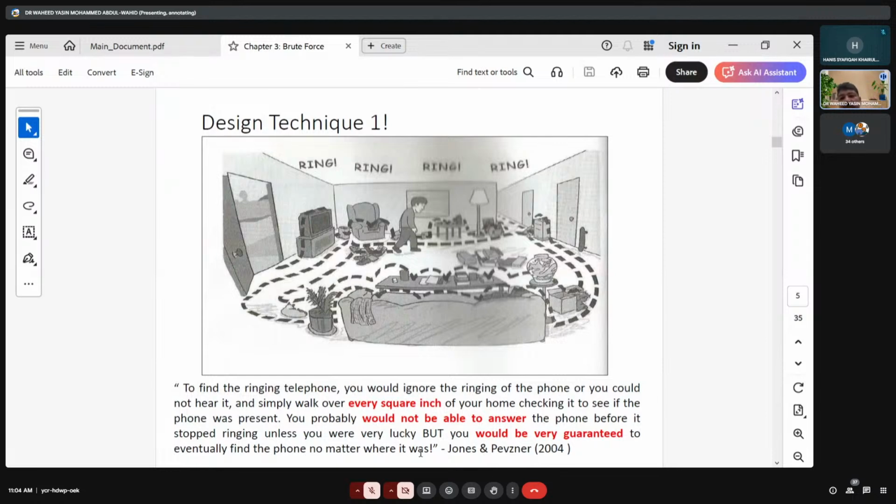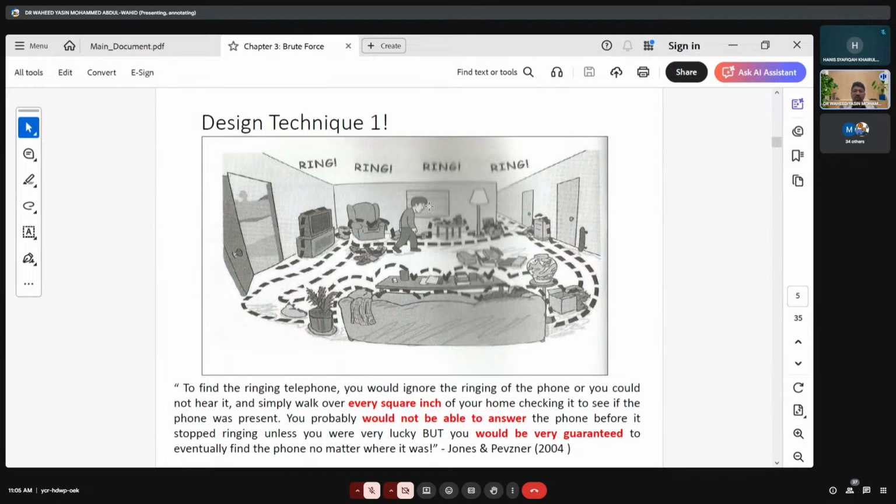Maybe you are not going to be able to answer, but you will get the phone. But if you are lucky, maybe while you are searching for your phone, you find it before the ring stops and answer it. This is design technique one.